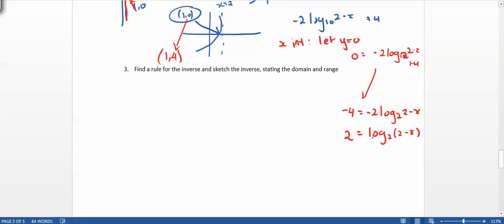So what I need to do is the opposite. The opposite to log is an exponent. So we've got 2 squared is equal to 2 to the power of log base 2, which is just going to cancel out, leaving 2 minus x. Let's get x on the other side. I've got x is equal to 2 minus 2 squared, or 2 minus 4, which is minus 2.